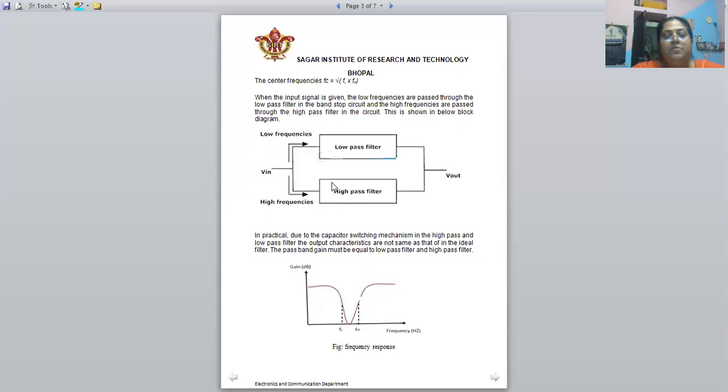So when the filter moves from the pass band to the stop band, the capacitor will discharge from the maximum value to zero, and when it moves from stop band to pass band, the capacitor will again have to charge from the lower value to the higher value. As its nature is exponential, we do not get the proper ideal characteristics of the filter. So there will be some mixing of frequencies on both sides of the band.